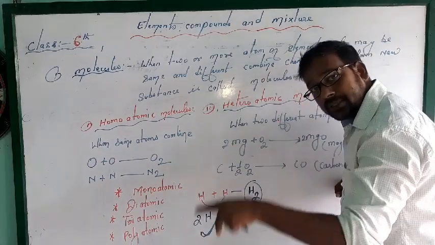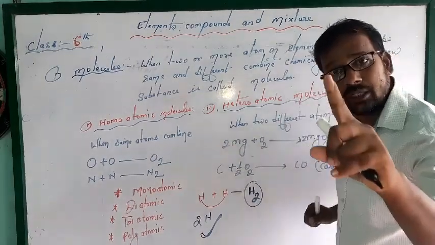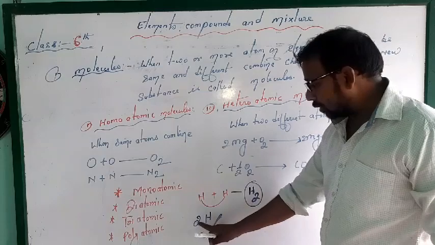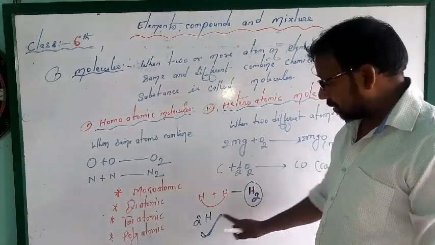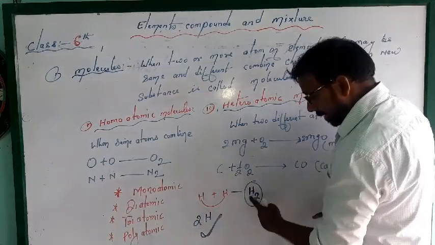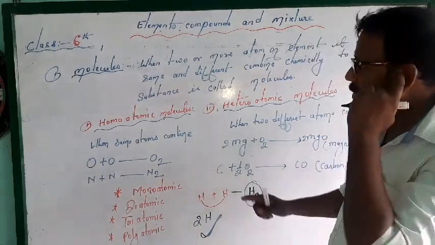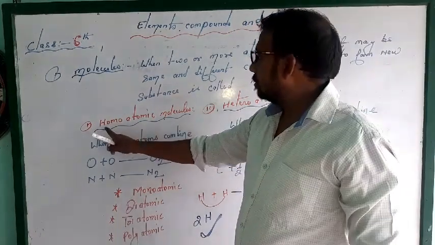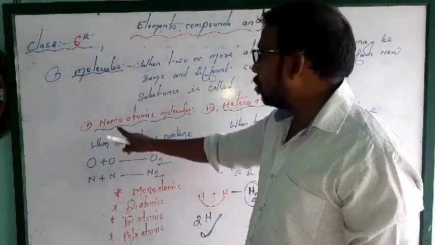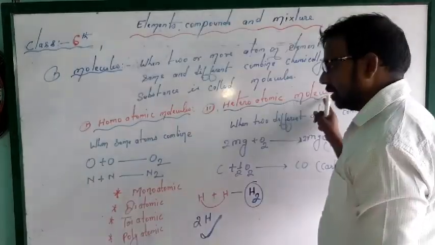Two atoms are present, but here there is only one molecule, and one molecule means two atoms combined chemically. The difference is between 2H and H2. That is a molecule, and that is atoms. So there are two kinds of molecules, homoatomic and heteroatomic.